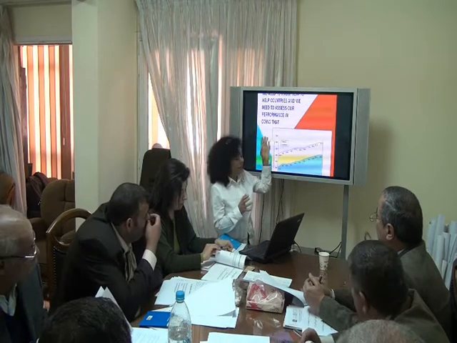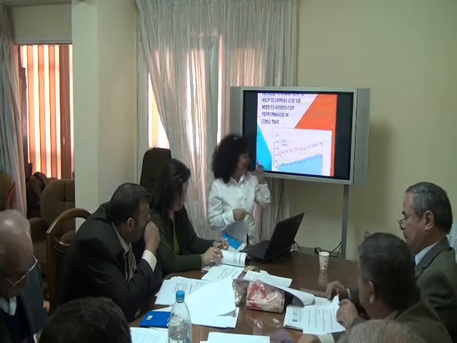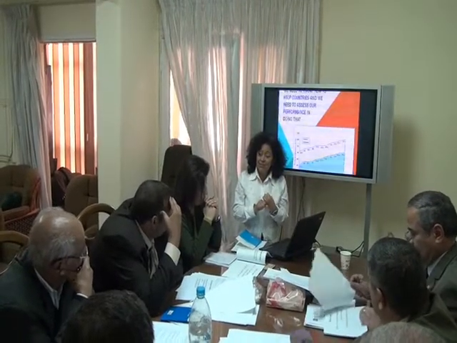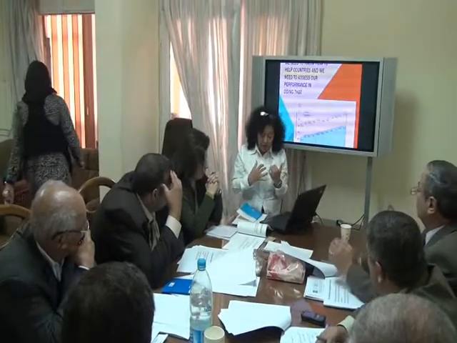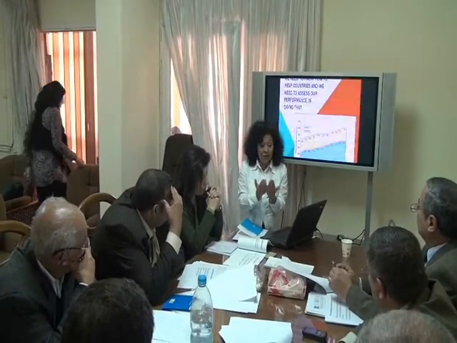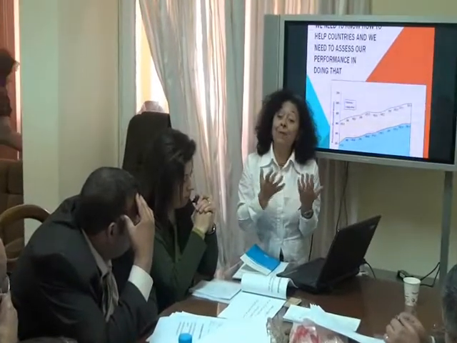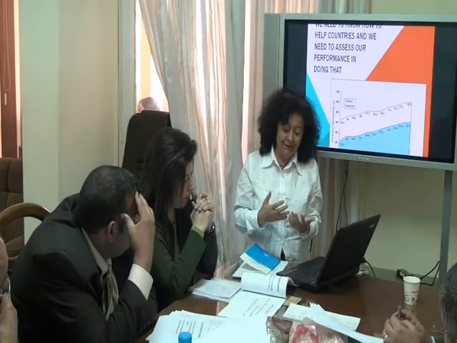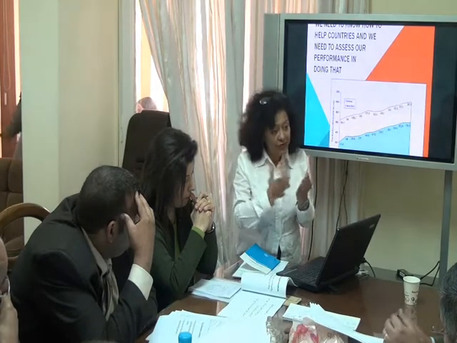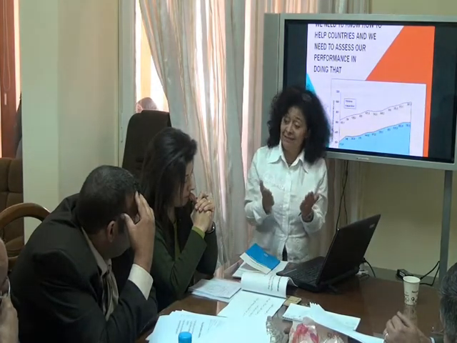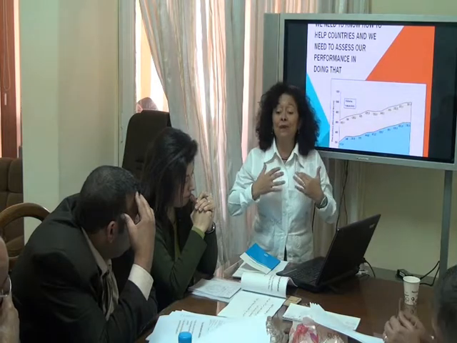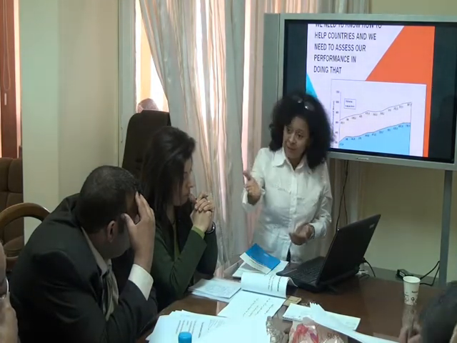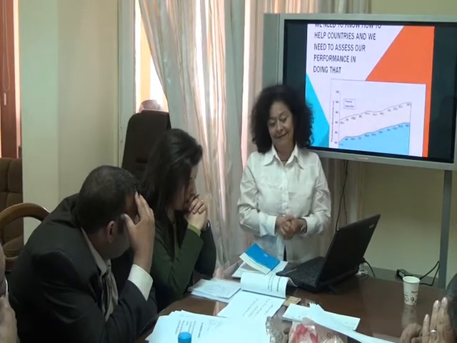So this is not in your slides, and this is very important. We can help the countries when the countries are reporting to us and we can understand what the needs are. And because the resources for FAO and the United Nations are limited, it's better if we understand different countries' needs, so we can also do some regional approaches to our assistance to the countries, with TCP projects, with technical assistance.